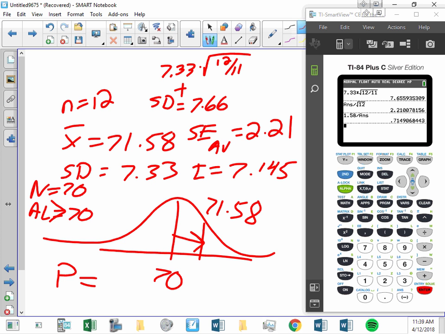So the area to the right of 0.715, I wrote that wrong, sorry, is going to be between 10 and 25, right?